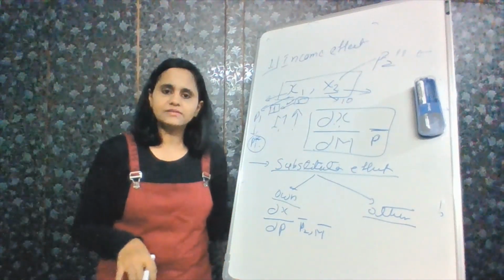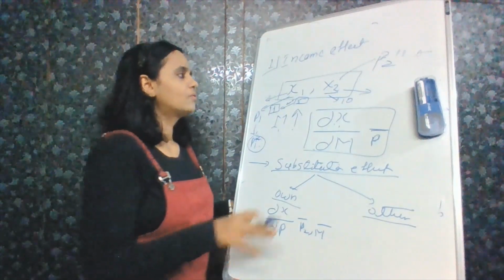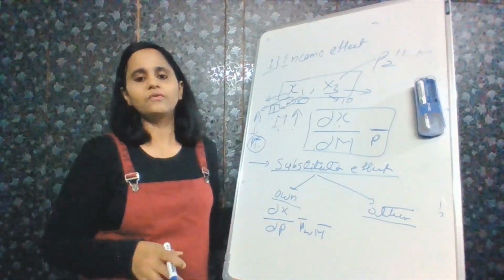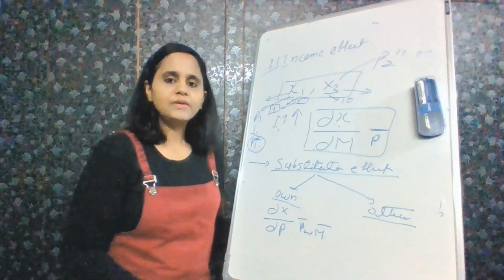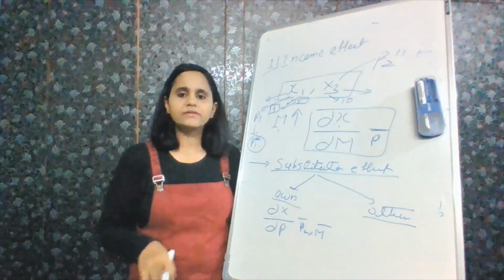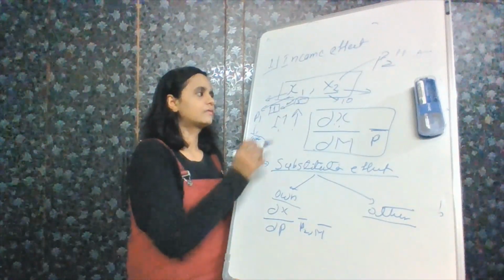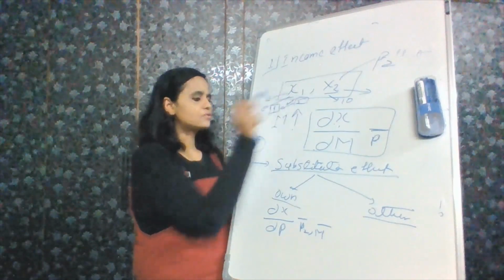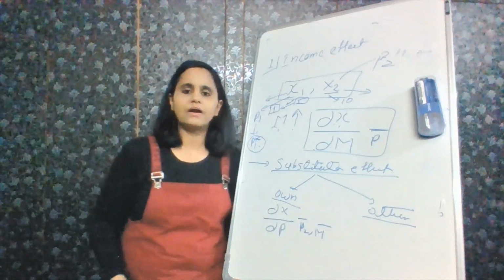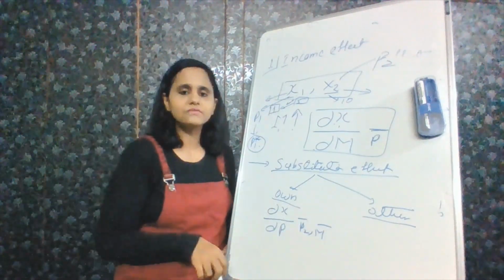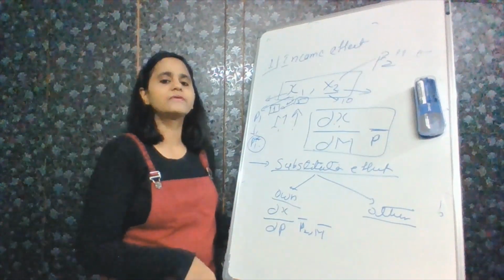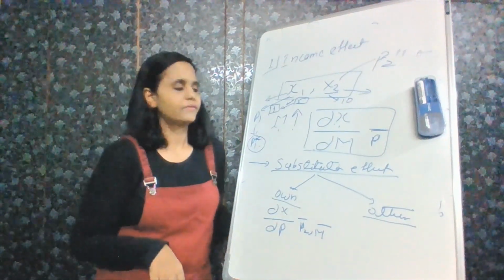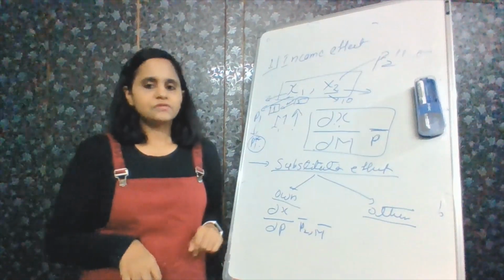The price of X1 is reduced, and X2 is very expensive. So if it can be substituted, you want to substitute X2 with X1 and consume more of X1 and less of X2. That is the other substitution effect, where X1 is substituting X2 because of the difference in price of X1.